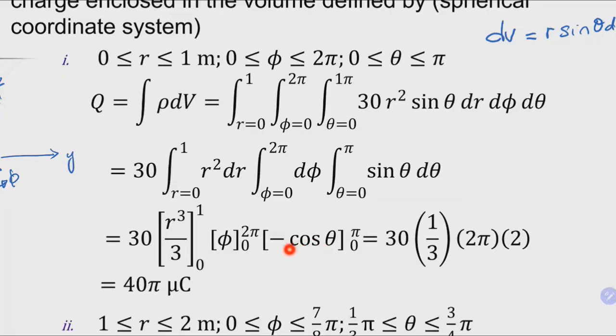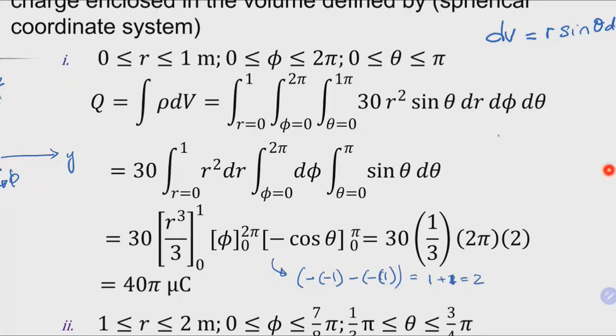So minus 1 times 1 give us 1. Okay, so here is minus 1, minus, and then minus cosine 0, that will be 1. Okay, so this is 1 plus 1, and give us 2.